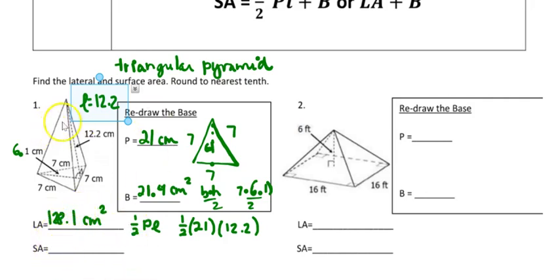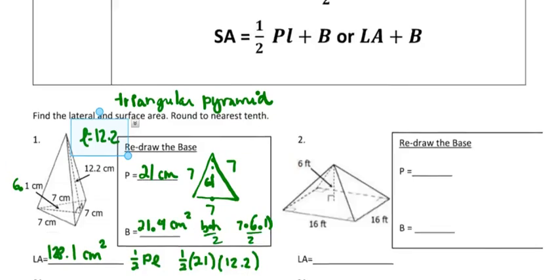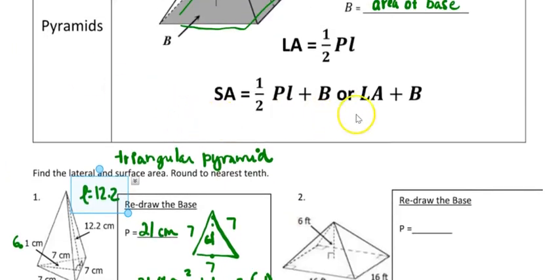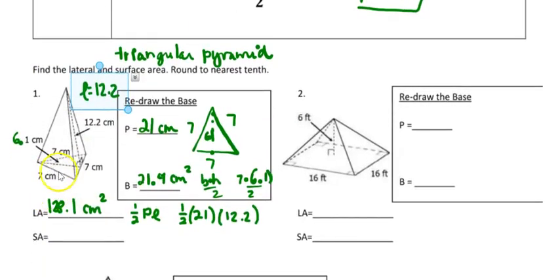And then the surface area, let's look back up here at the notes. If you're going straight from the beginning, you can do it all from the start, but since we already have the lateral surface area, it's just going to be that plus the remaining base that we didn't consider yet.